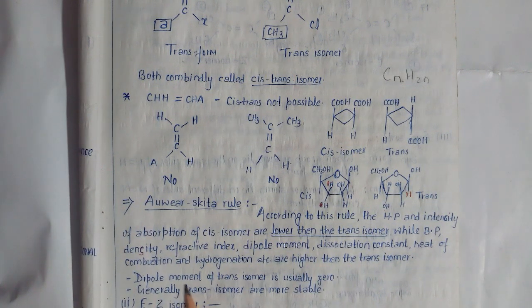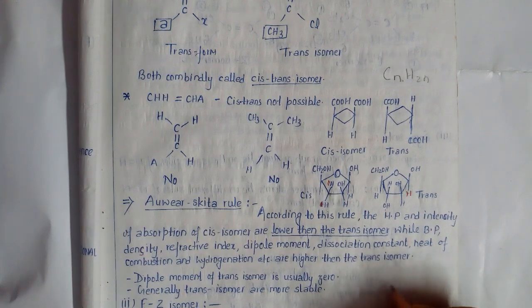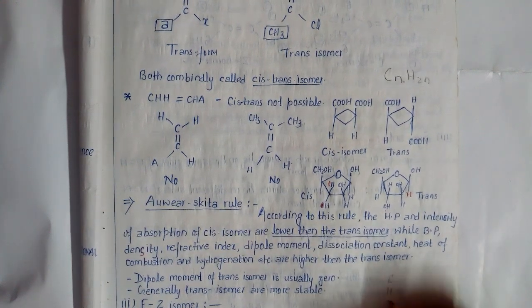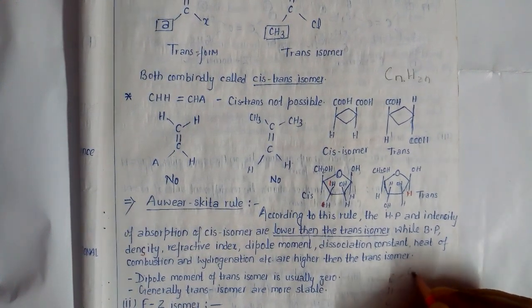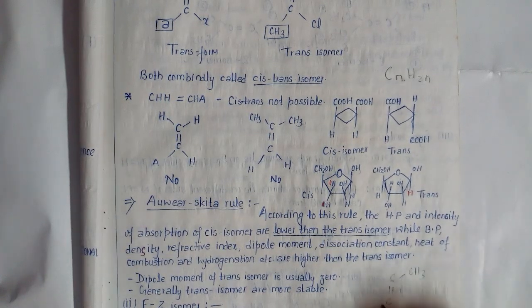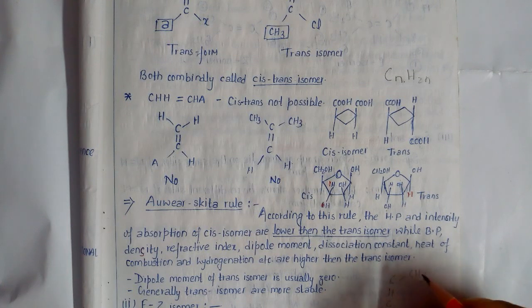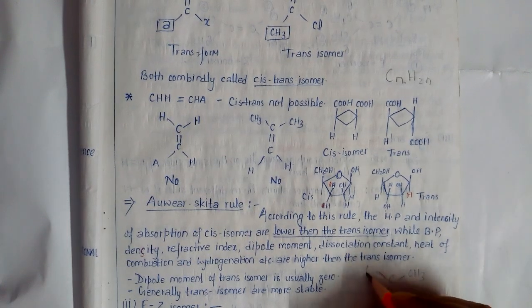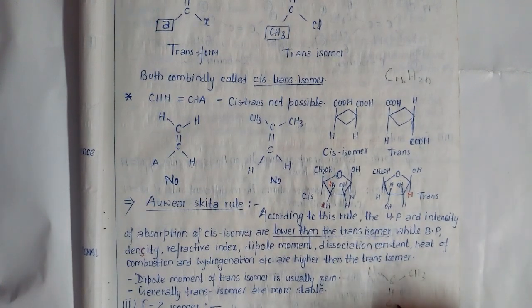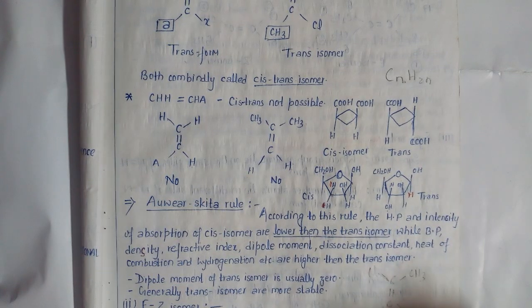Next one is dipole moment of trans isomers is usually 0, but not in all cases. For example, in case of C double bond C, with CH3, H3C, Cl, Cl.